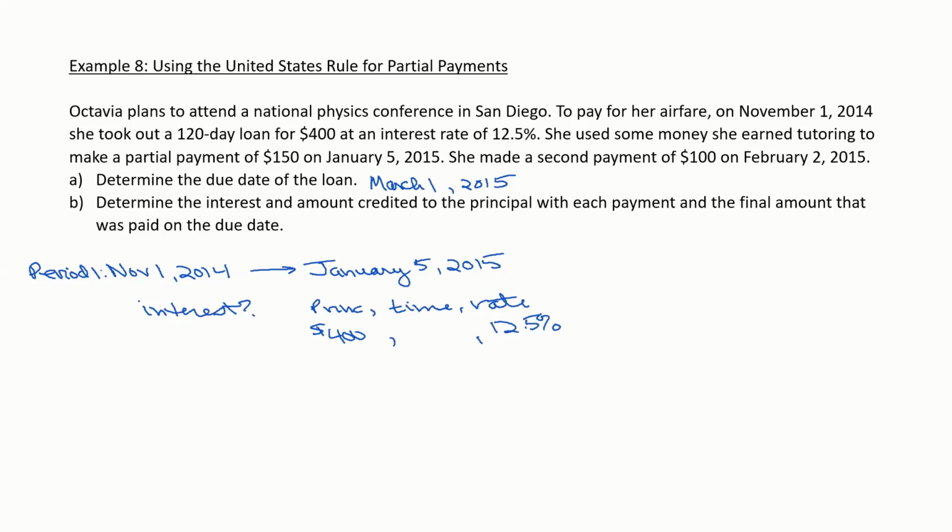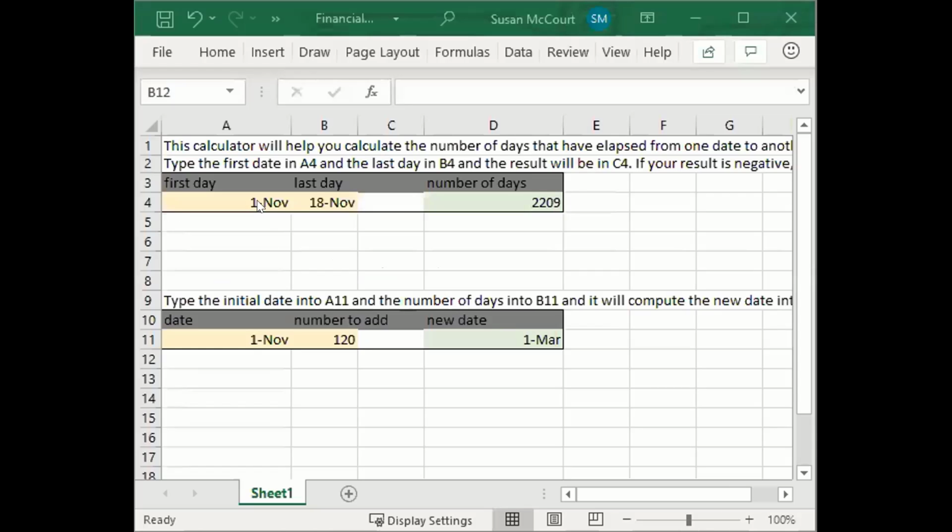So we go to Financial Math Dates and say from November 1st until that first payment on January 5th, 2015, that was 65 days. Okay, so back to our problem.